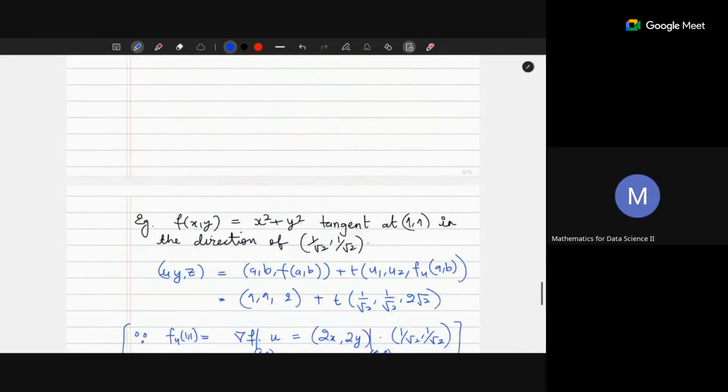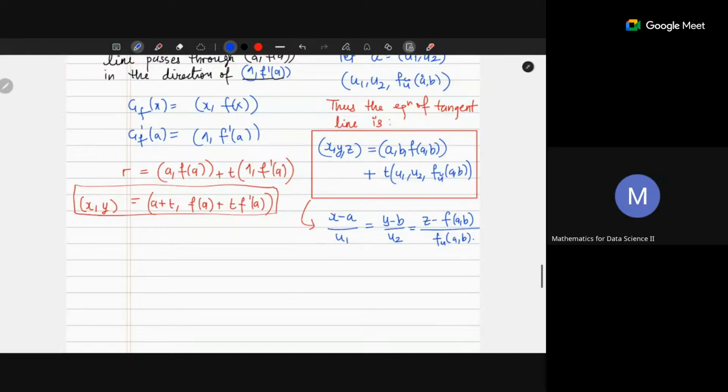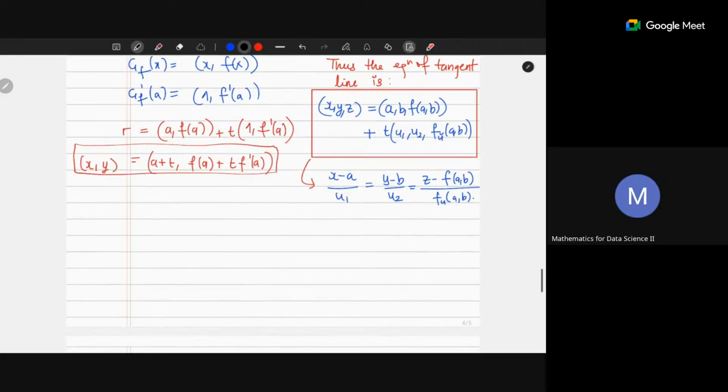All right. So now if I write down this equation of line in another form, let me know if you find any difficulty in that. So (x, y, z) is equal to (a, b).